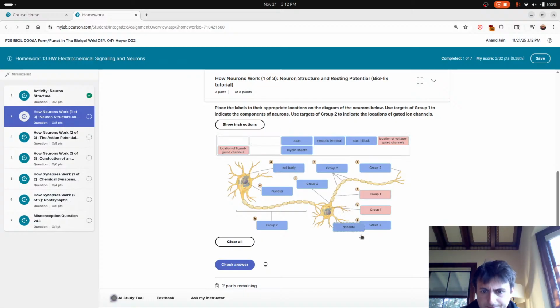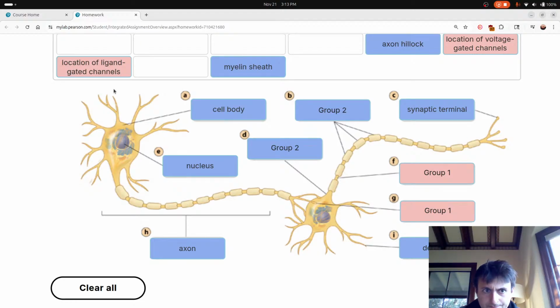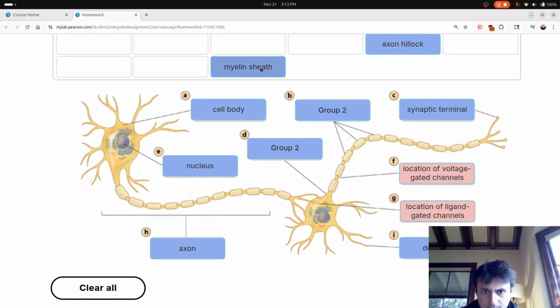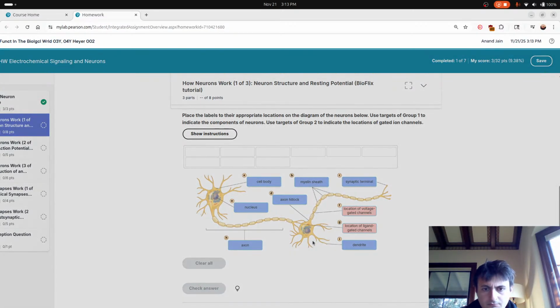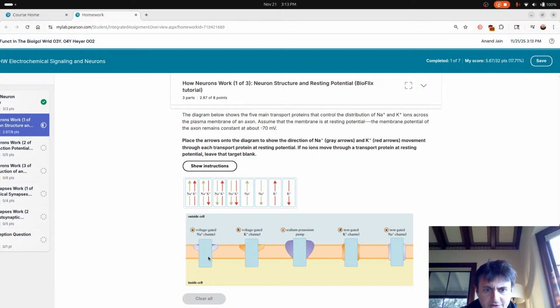Oh, I see. A voltage gated sodium channel.